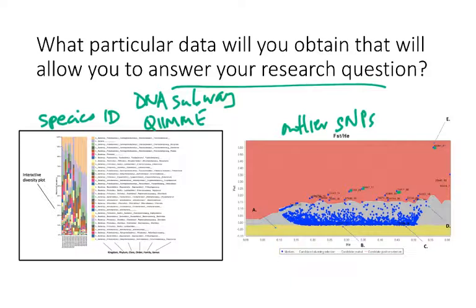Yes, two I's, one M. QIIME is a program that DNA Subway actually uses to do this species ID. Or if you're doing outlier SNPs, there are certain RStudio packages you can use to accomplish that. We're actually going to use one of those in lab very shortly. So think about the data you're going to get and then what type of program you're going to use to analyze it.